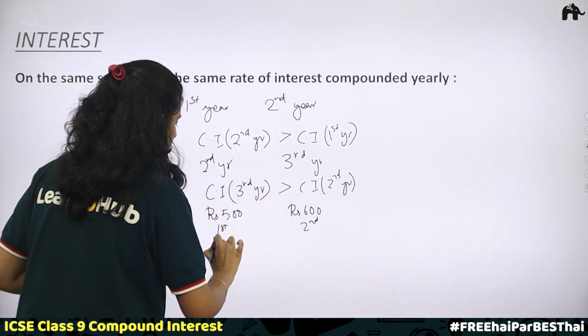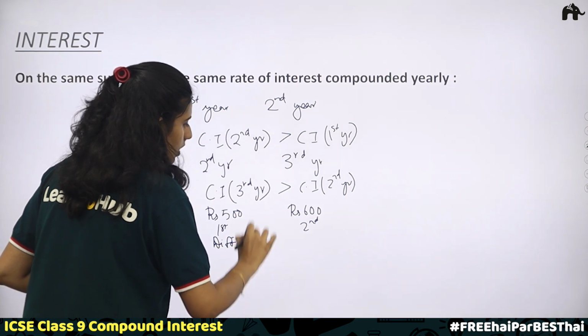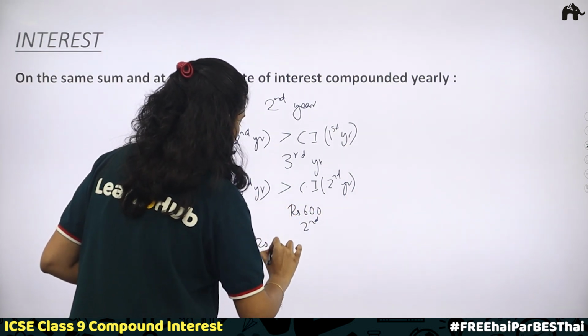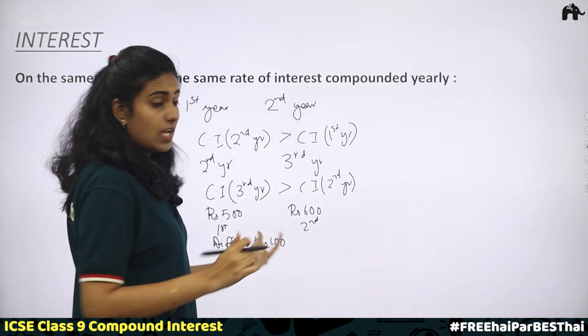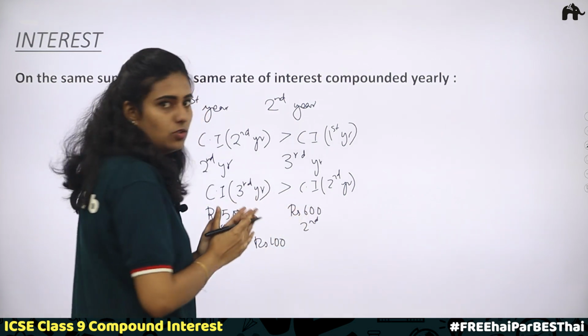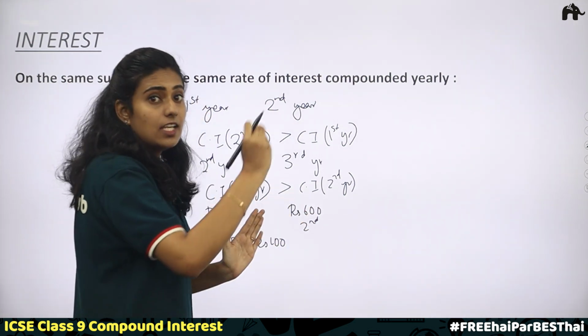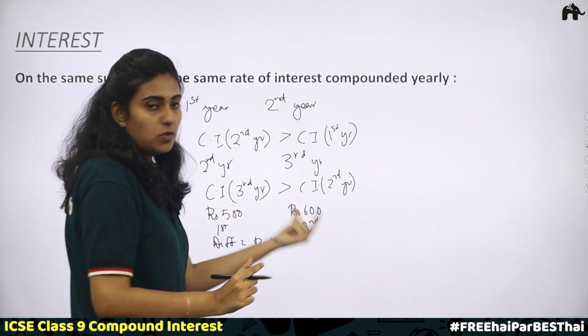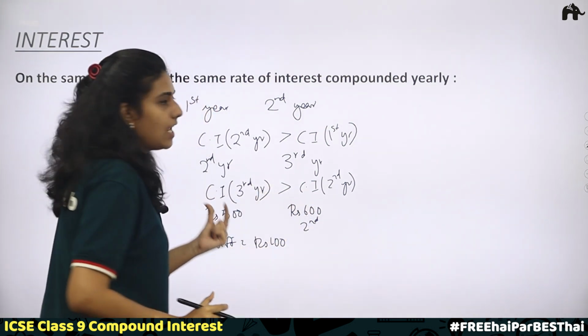In this case, it will be equal to rupees 600 minus rupees 500, which is rupees 100. So, this rupees 100 will be the interest for 1 year because these are consecutive years, first and second year. The interest it has gained for this 1 year will be the difference between the compound interest of the second year and the first year.